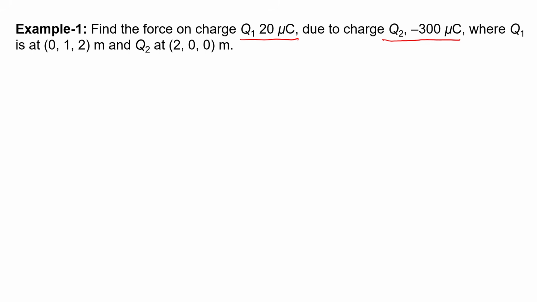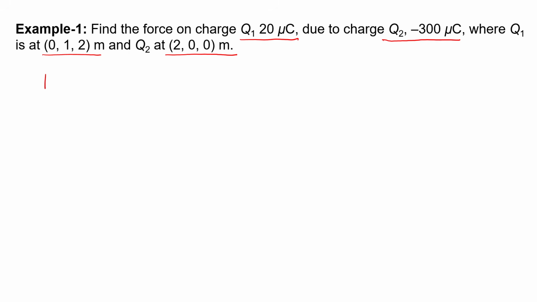The position of Q1 is at (0, 1, 2) meter and the position of Q2 is at (2, 0, 0) meter. So what we will do first is we will write the formula of force according to Coulomb's law in two different ways. One way is in terms of unit vector and the second way is using the position vectors.